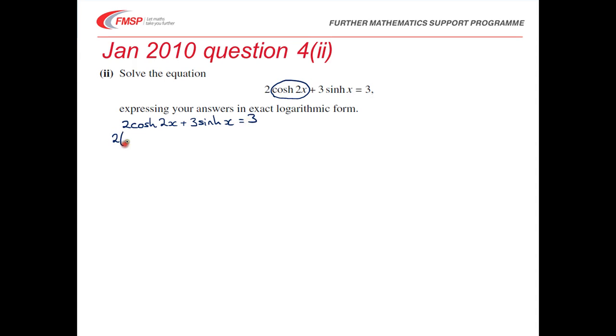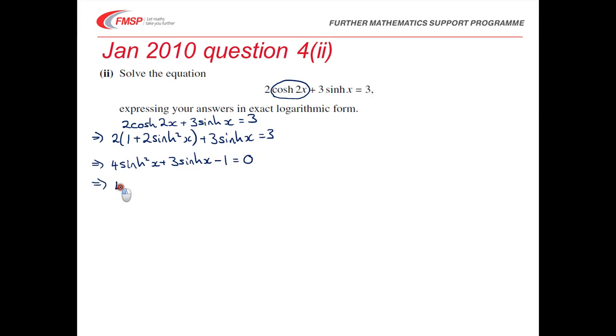So that's 2 times 1 plus 2 sinh squared x plus 3 sinh x equals 3. And I've now got a quadratic equation in sinh x. So I'll just tidy that up. I've got 4 sinh squared x plus 3 sinh x plus 2, and then if I subtract 3 from both sides that will give me minus 1 equals 0.